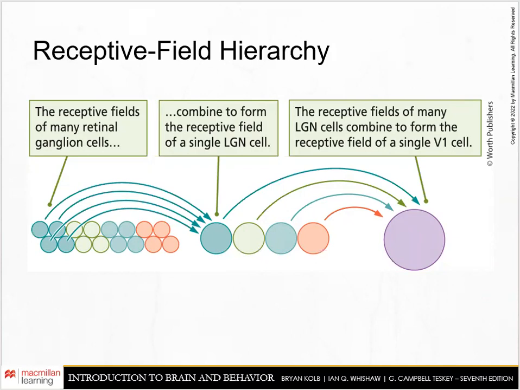The more complex a function is, the larger a specific region performing that function must be. So the receptive fields of many retinal ganglion cells combine to form the receptive field of a single lateral geniculate nucleus cell, and the receptive fields of many LGN cells combine to form the receptive field of a cortical cell.